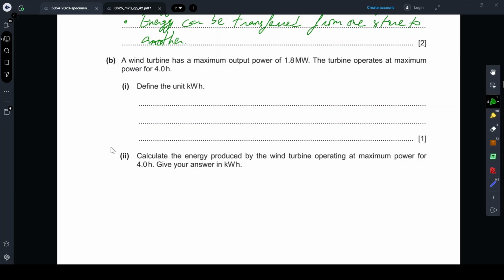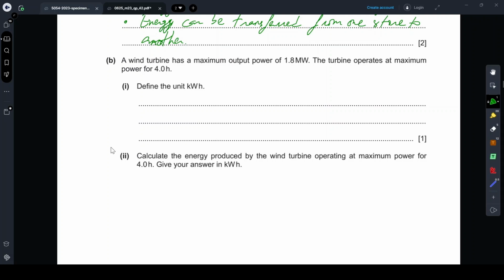Let me remember this one. Is it equivalent to energy transferred?